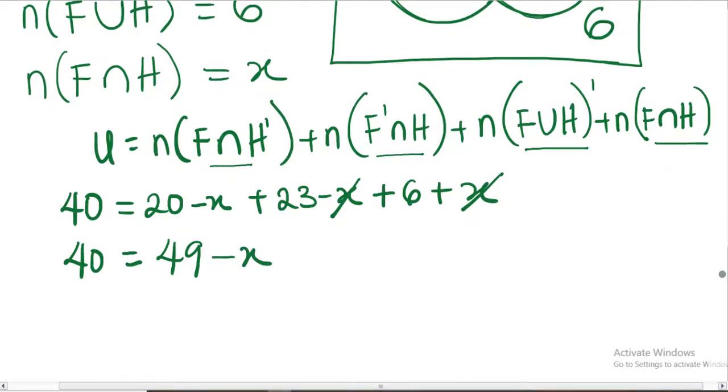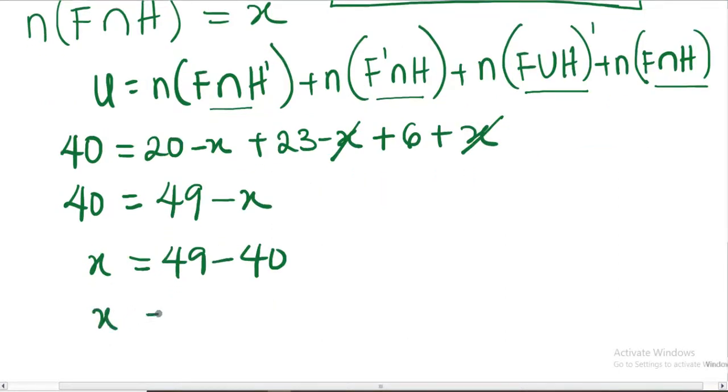So this has reduced it down to a simple equation, and therefore we now make x the subject of the formula by adding x to both sides of the equation. So this becomes x will be equal to 49 minus 40, and our x is said to be 9 students.